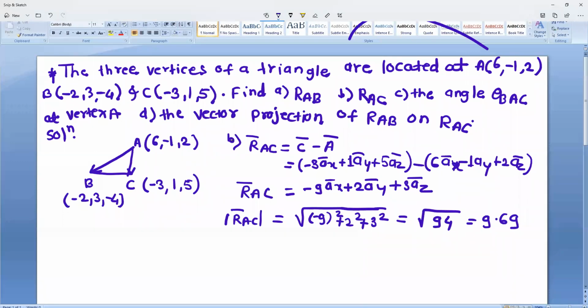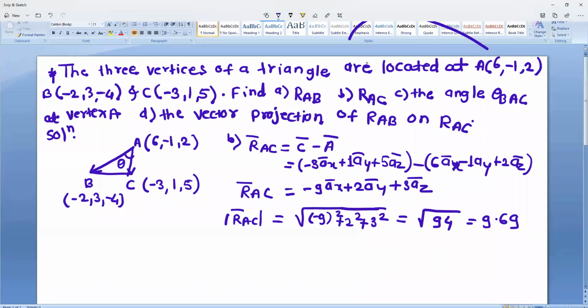Okay. Now the third is angle BAC at vertex A. Yes. So it is asked this angle BAC at vertex A. Now how to find the angle?